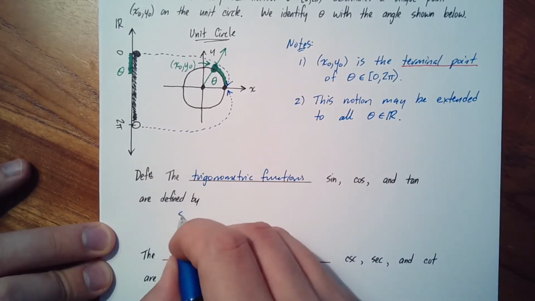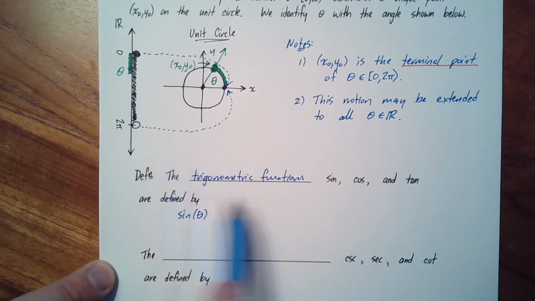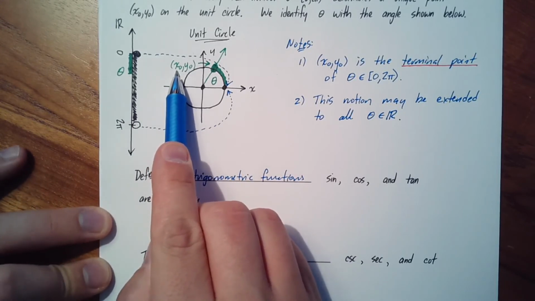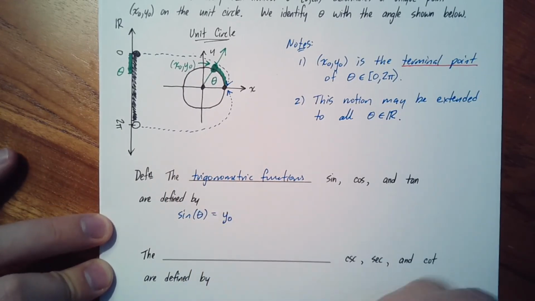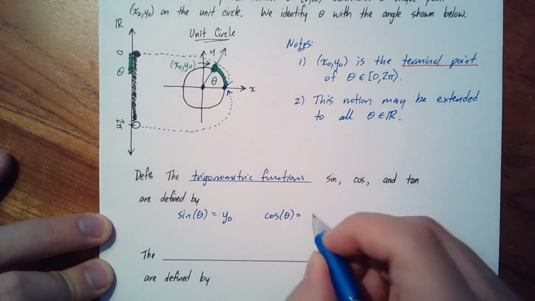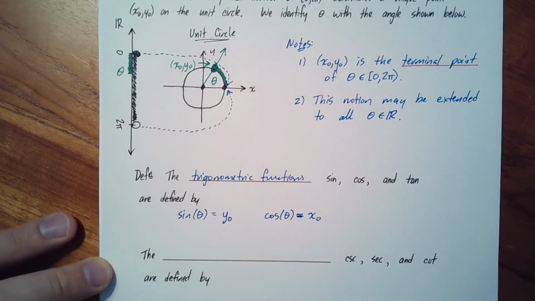Well, sine of this real number theta: just figure out the terminal point, and then once you have the terminal point, pick off the y coordinate. Sine of theta is equal to y naught. Cosine of theta is the x coordinate. So cosine of theta is defined to be x naught.